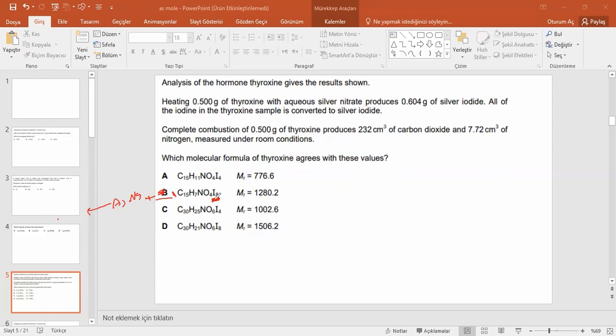So how many AgI we will get? Ask yourself. We will get 8 AgI. So from this, guys, we will do cross multiplication once more. 1 mole of thyroxine, THY, gives us 8 moles of AgI.